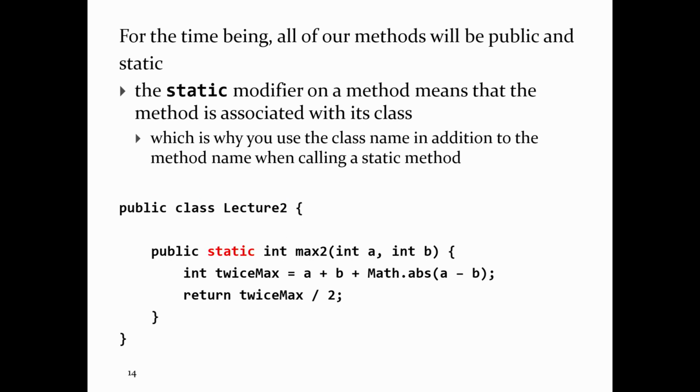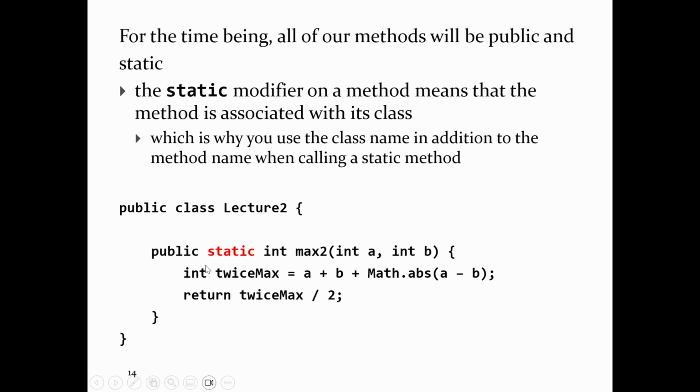And now our method max2 is also marked as being static. For the time being, all of our methods will be static. That's going to change next week. But for now, everything's static. A static modifier means that the method, in this case max2, is associated with the class lecture2, and it's not associated with an object whose type is lecture2.